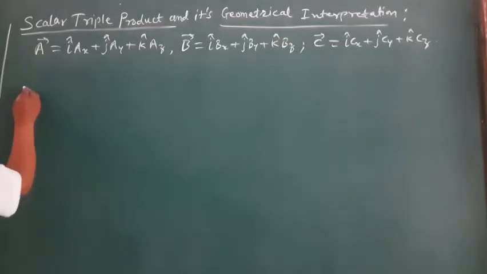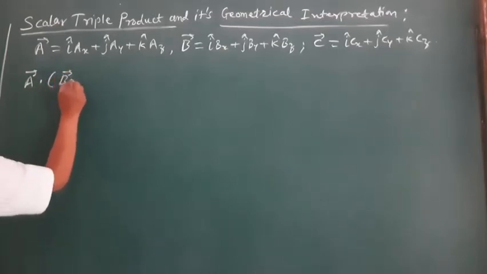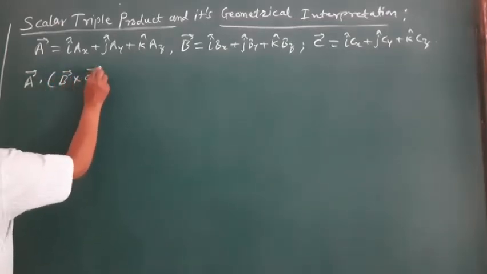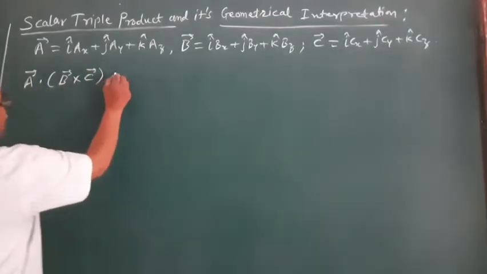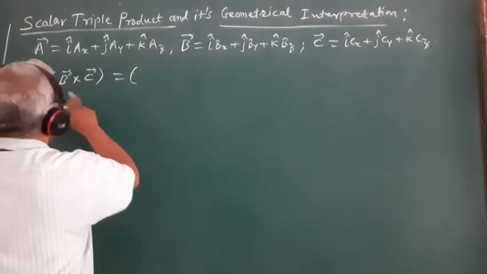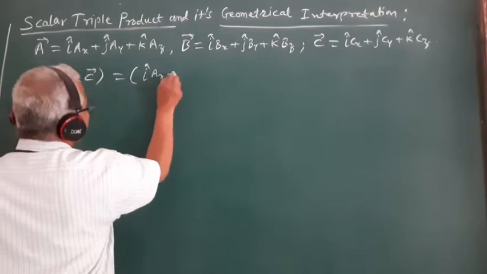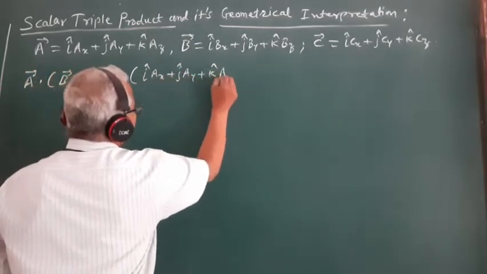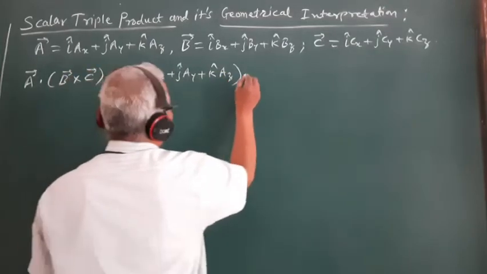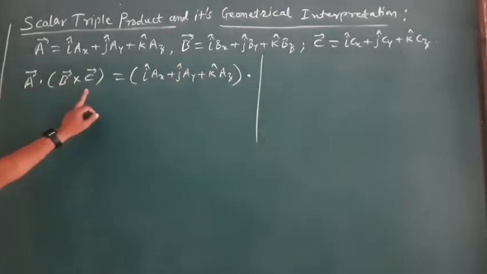And now, if we evaluate the scalar triple product of these three vectors, we can express it like this: a bar dot b bar cross c bar. So this is equal to a bar, expressed as i cap ax plus j cap ay plus k cap az, dot the cross product of two vectors.